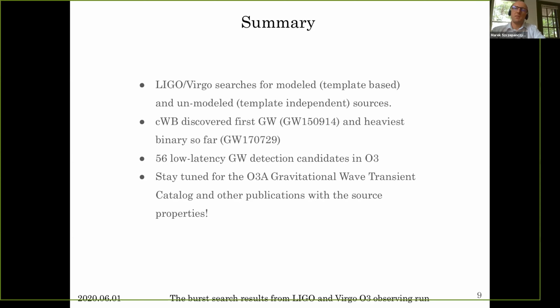We released 56 low latency gravitational wave candidates during the last observing run. Please stay tuned to the next gravitational wave catalog that will provide a lot of information about the black holes and the population of these black holes. So thank you very much, and I will take your questions.